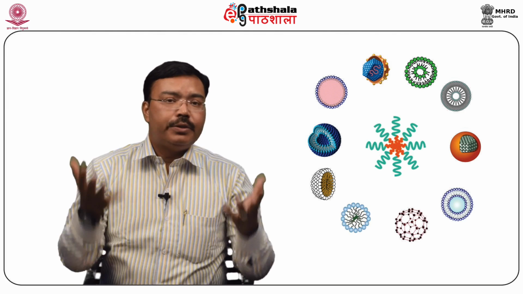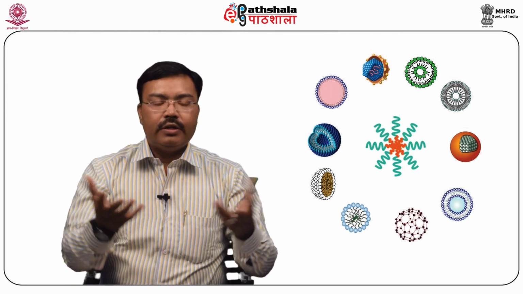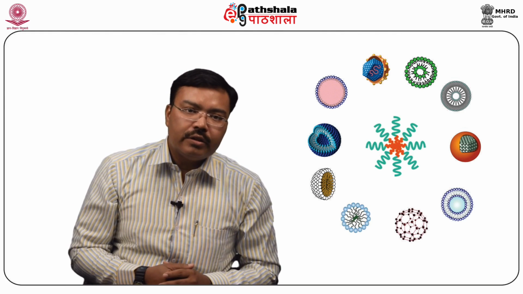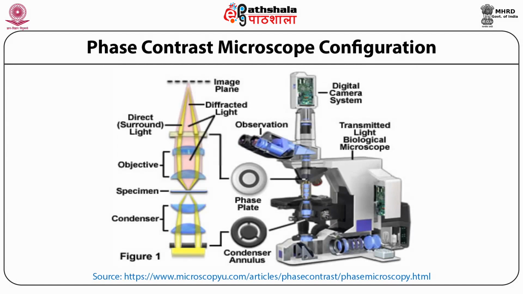That is why we observe a highly illuminated material in phase contrast microscopy. The light produced by the tungsten halogen lamp is sent to the condenser, which illuminates the specimen, and the specimen projects the light to the objective, where it is separated into two parts with the help of the phase plate, as diffracted light and direct light. The image is then available as a contrast image through this microscope.